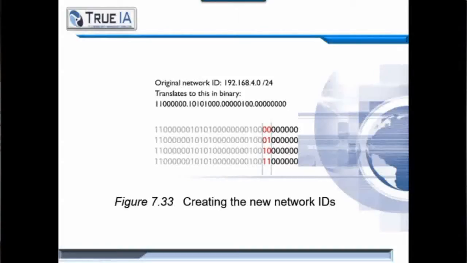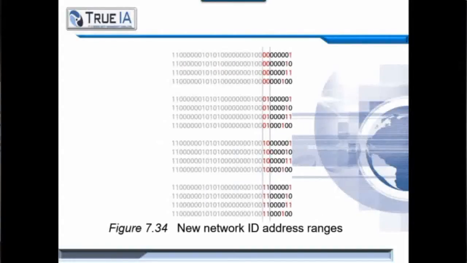When you stack them all on top of each other, they would look a little bit like this. So now we can see, with our 4 new networks, the possible address ranges within those networks.